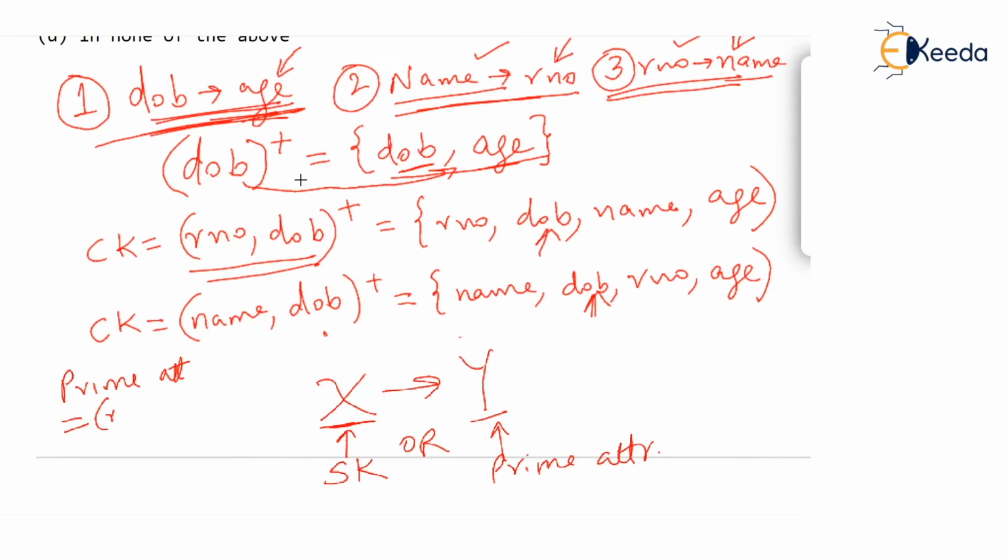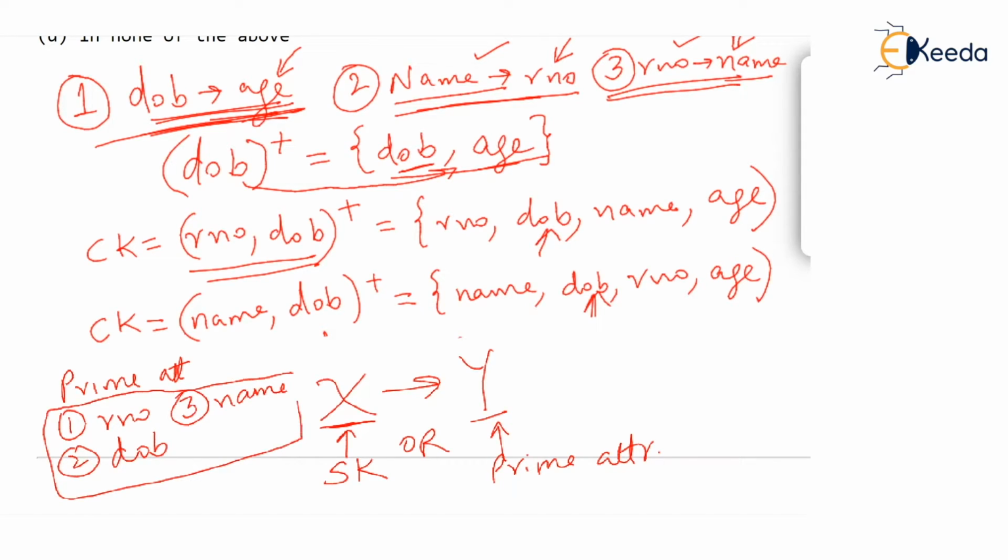So the first prime attribute is roll number because roll number is part of a candidate key. Then the second prime attribute is date of birth. Of course, that's compulsory in a candidate key. And the third prime attribute is name. Check this. These are the three prime attributes.